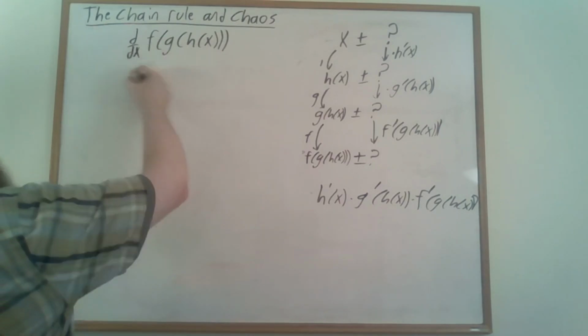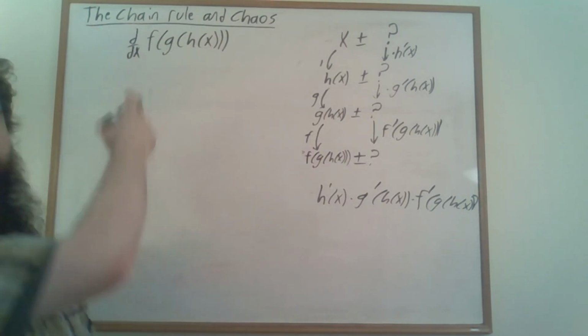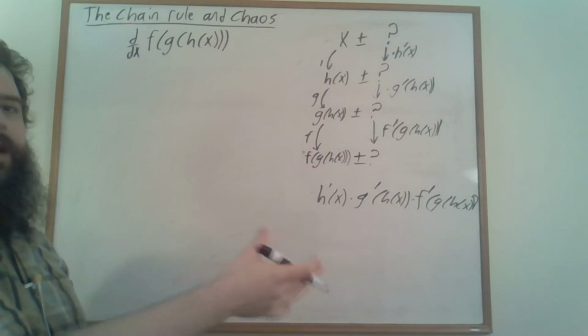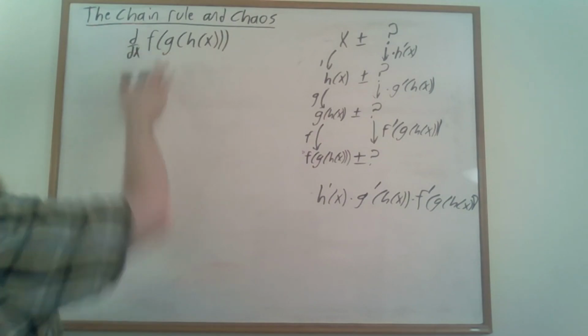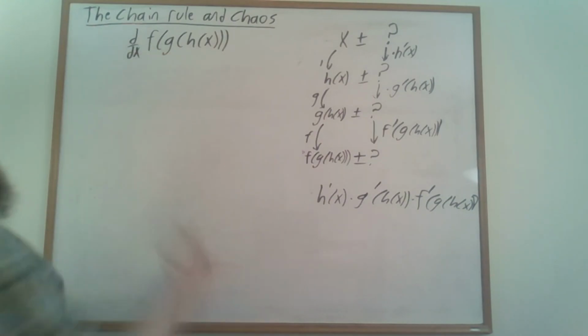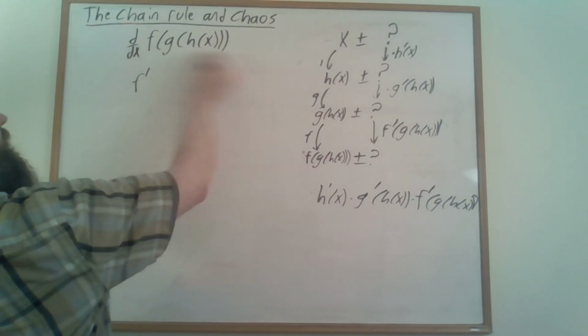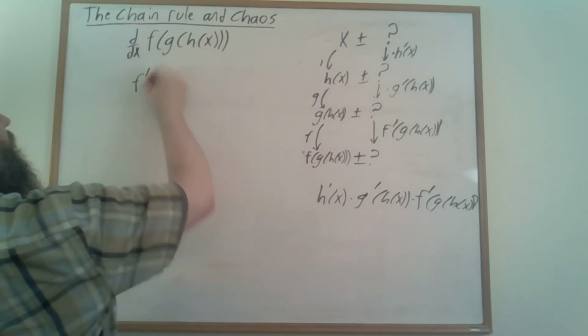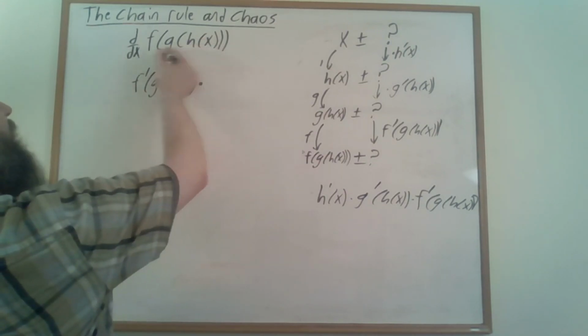So we take the derivative of the outside. Now you're probably thinking, hold on, we don't know what f is. We don't know what the derivative of f is. But that's perfectly fine. The derivative of f, we just write it as f prime. So this is going to be f prime. We take the derivative of the outside, leave the inside alone, and then multiply by the derivative of the inside.